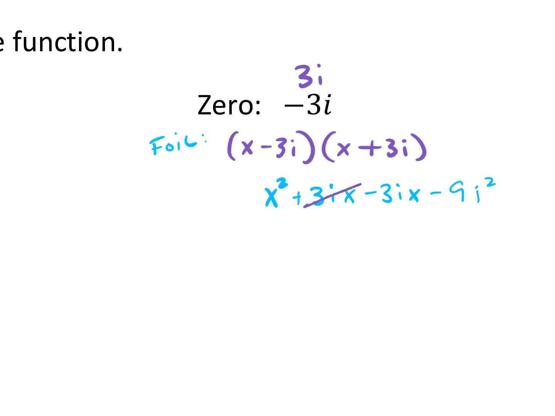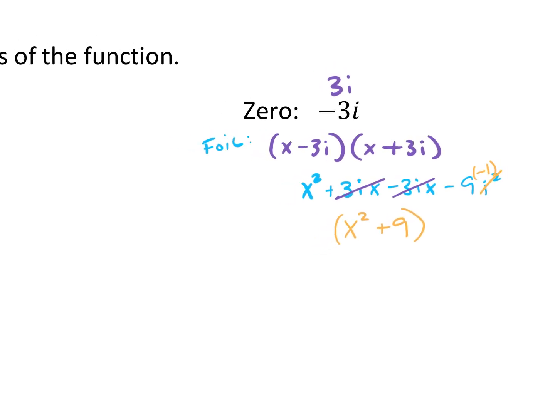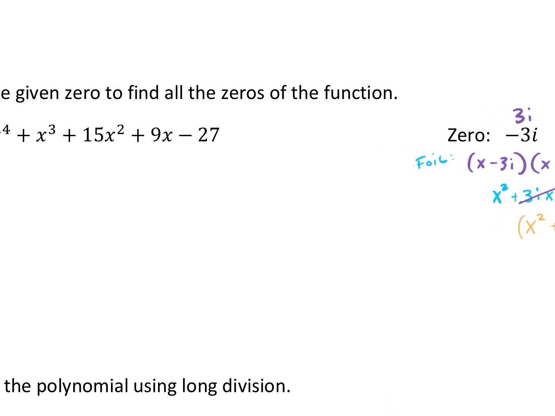Now the 3ix's cancel in the middle. What does the i squared turn into? -1. So it's -9 times -1, plus 9. So x squared plus 9. So I know x squared plus 9 is a factor.